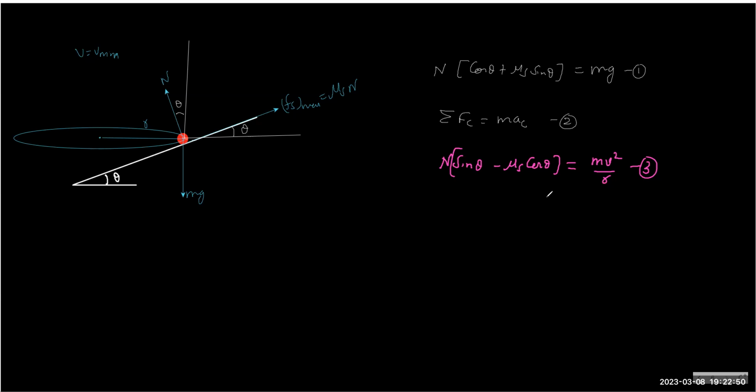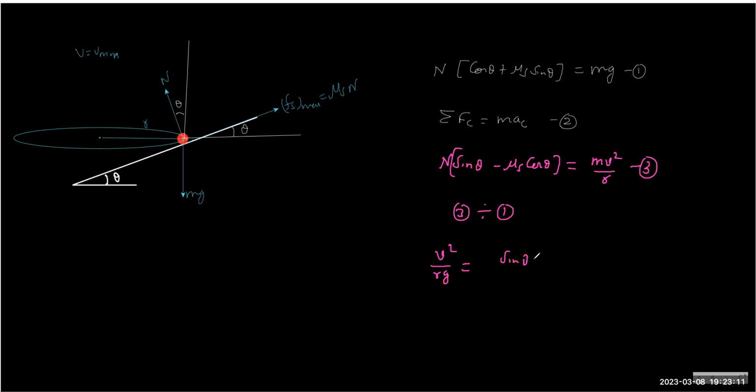So to get rid of N, because we do not want N, what we want here is the minimum speed. So what we'll do next is divide equation 3 by 1. And if you divide, it's also easy, not very difficult. The v square by rg turns out to be how much, guys?